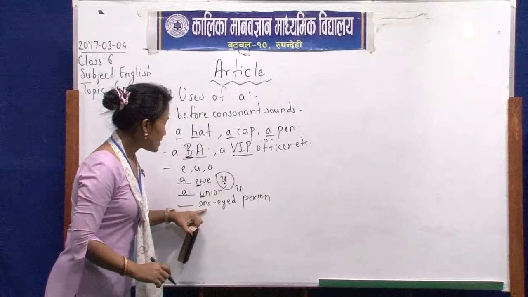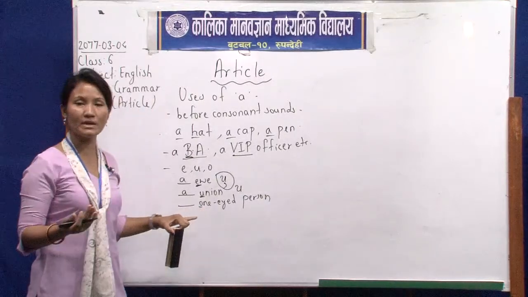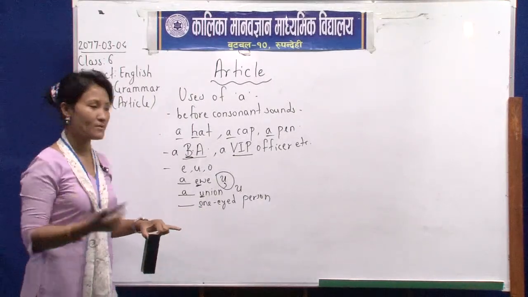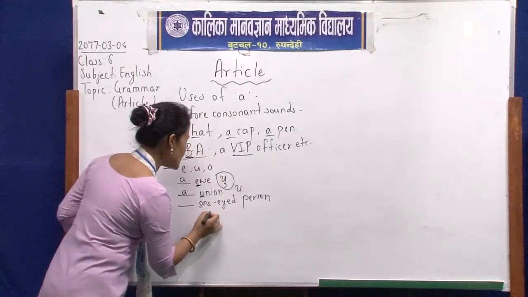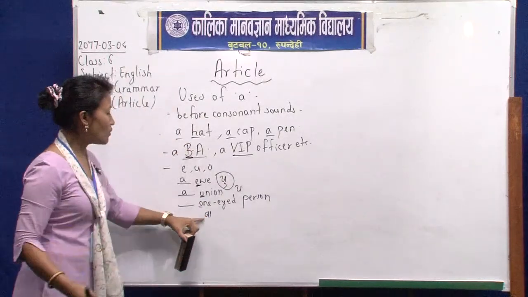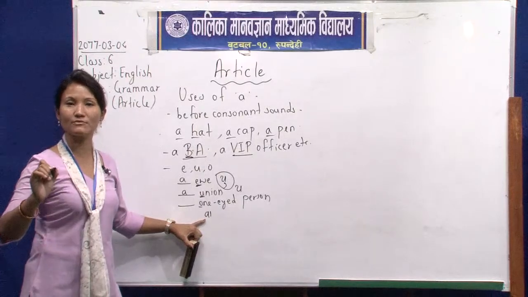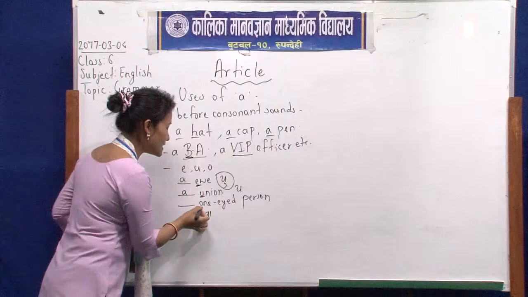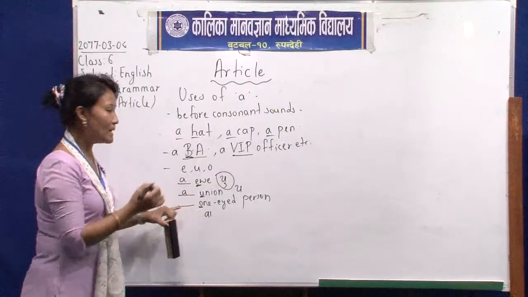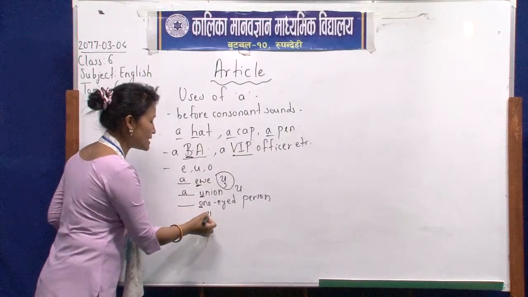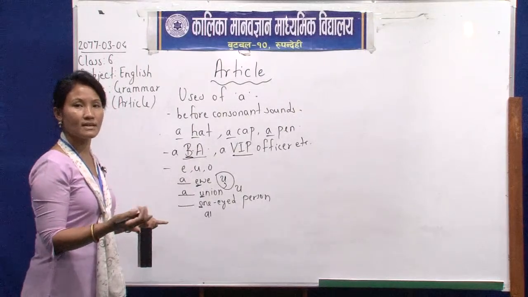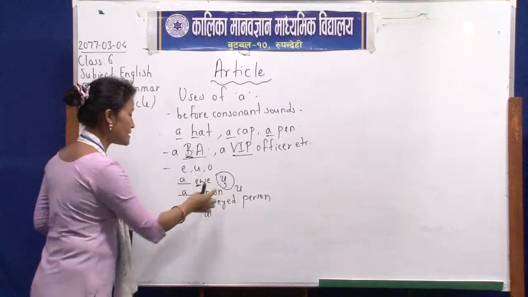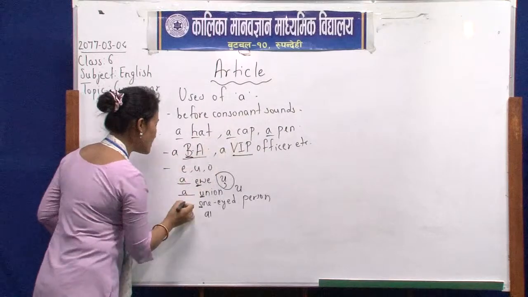Likewise, O-N-E, how do we pronounce it? One, right? That means, what is the first sound that is coming? Wa. That comes in consonant. So this is a vowel letter, but it doesn't matter because its initial pronunciation is consonant, so we will be using a.